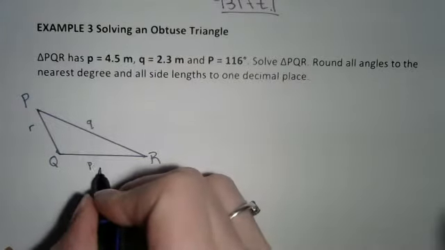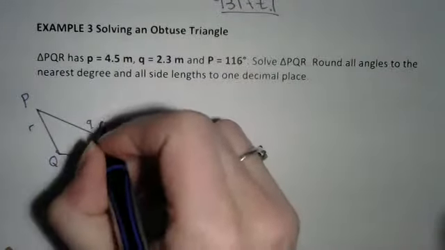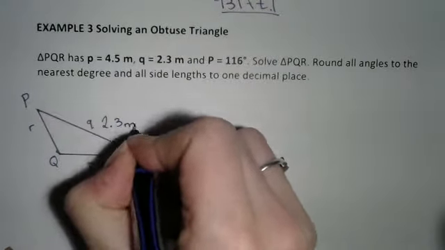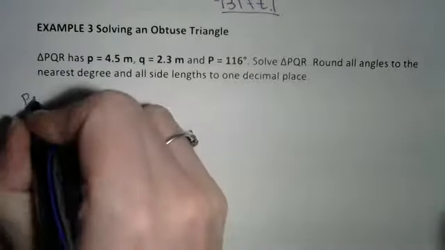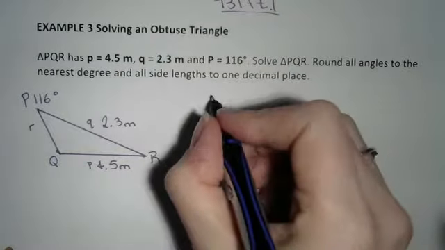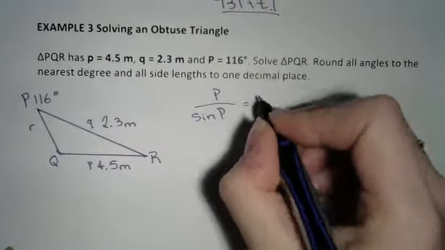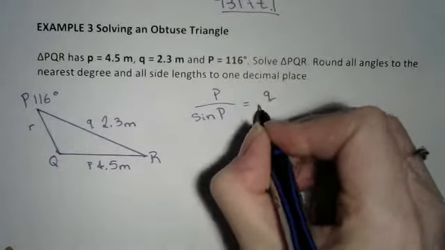Now I can put my numbers on. p is 4.5 meters. q is 2.3 meters. And angle P is 116 degrees. Solve the triangle. So write down your sine law.